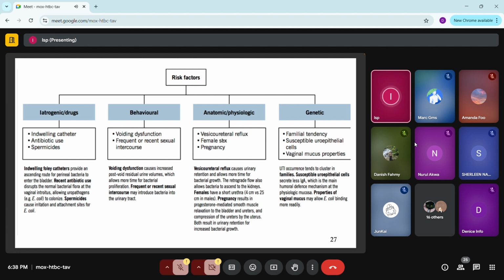Females themselves have a short urethra, so this gives a higher chance of infection, like Mark said. Pregnancy itself can increase the UTI risk as well, because the hormones can cause smooth muscle relaxation, so all this causes urinary retention. And of course, other less common genetic causes. Forget about this part.